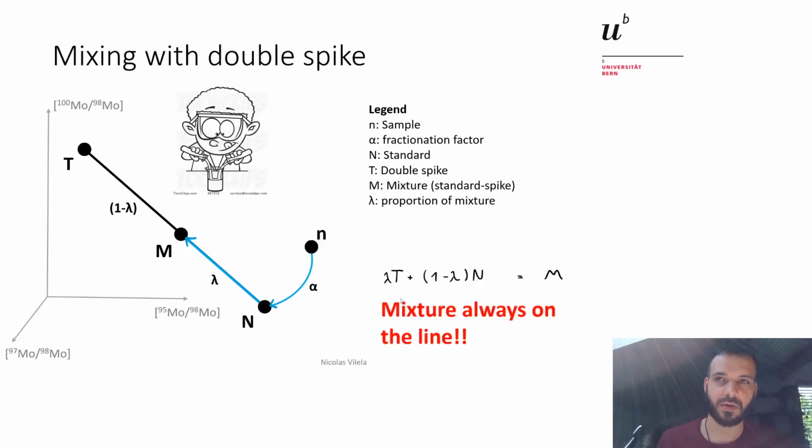It is important to remember that all mixtures that you create will lie somewhere along this mixing line. You will not be able to create a mixture that is apart from this mixing line. This is important because it will be used in our double spike calibration.